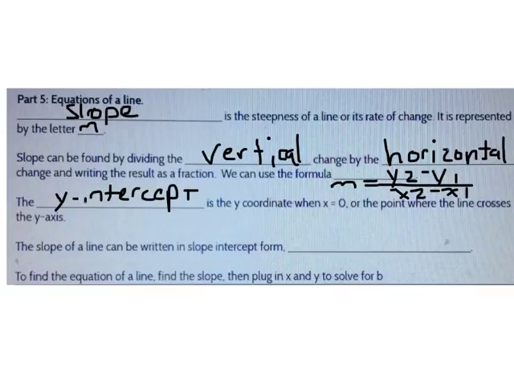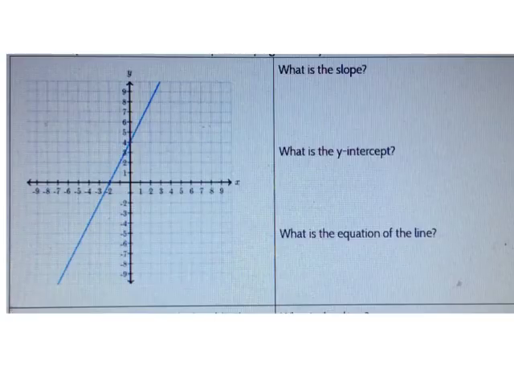The equation of a line can be written in slope-intercept form. Y equals mx, slope times x, plus b. To find the equation of a line, we can find the slope and then plug in x and y to solve for b. When we have a line, we can identify the slope and the y-intercept to write the equation of the line.